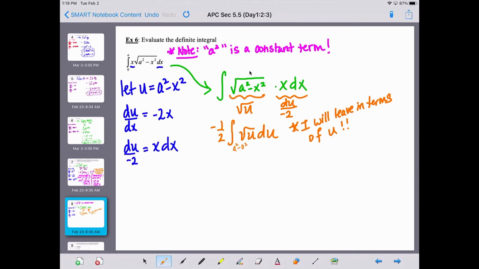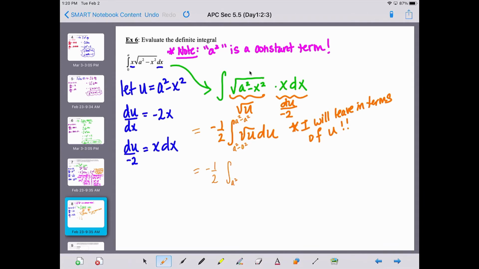And my upper limit of integration is going to be a squared minus, and there the value of x is a, so a squared minus a squared. Okay, so when I simplify that, this is going to be negative 1/2 times the integral. A squared minus 0 squared is going to be a squared from my lower limit of integration.